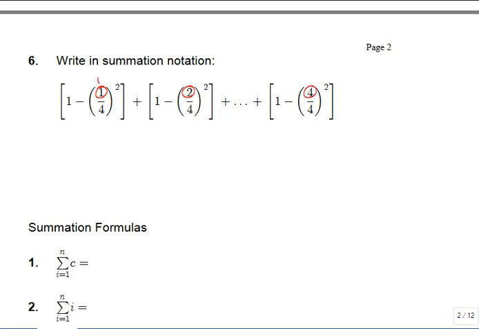So that's where your i needs to go. So the formula should look like 1 minus i over 4 quantity squared. And then for my bounds, what was the first i that was used here? 1. So that's your lower bound. And what was the last i that was used? 4. So that's your upper bound. And there's your answer.